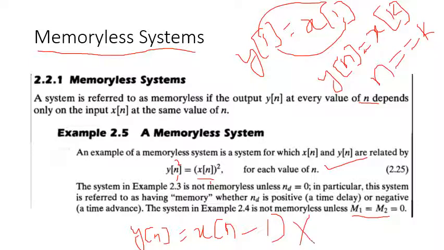This is not a memoryless system, because if I put 2 here, we will get x of 1. So we are computing the output at 2, but input sample 1 is being used. So the ideal delay system and the moving average system are both not memoryless. There is memory involved.